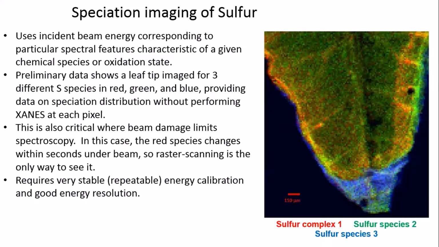And in the meteorites, have you looked at beam damage for your sulfur species? I've looked for it, and I have not seen it. Generally, I have not seen beam damage.